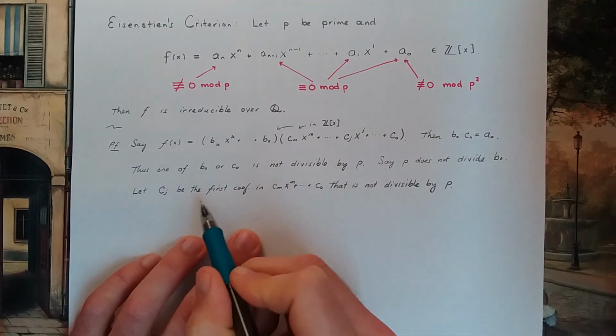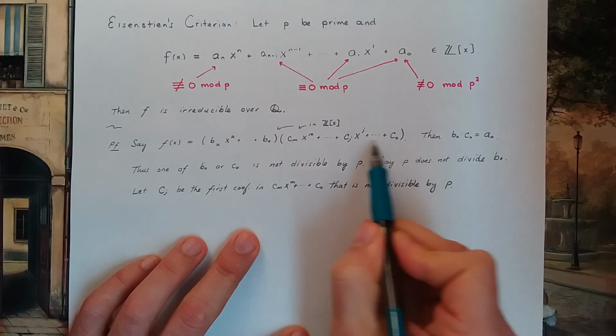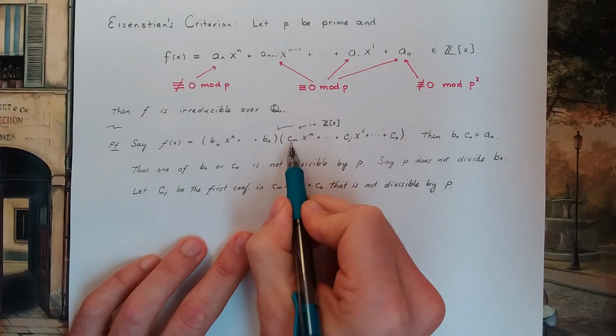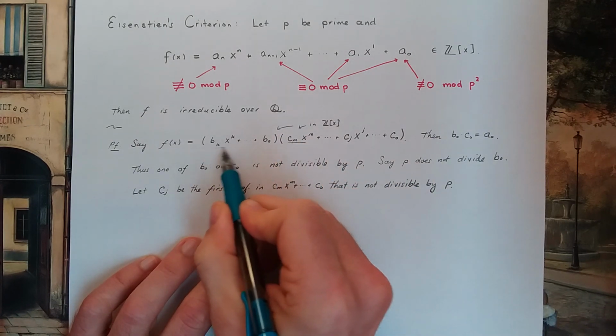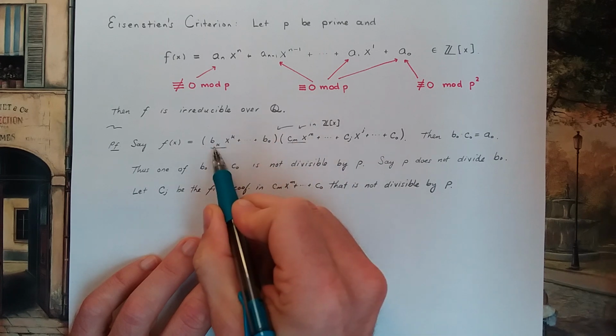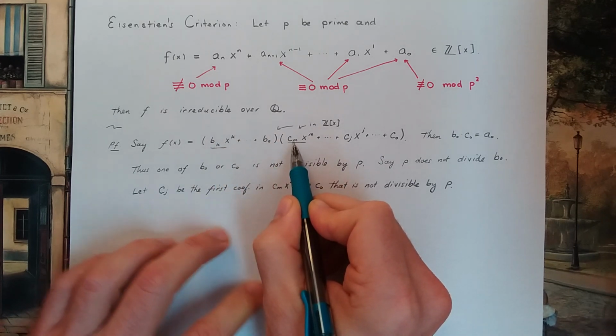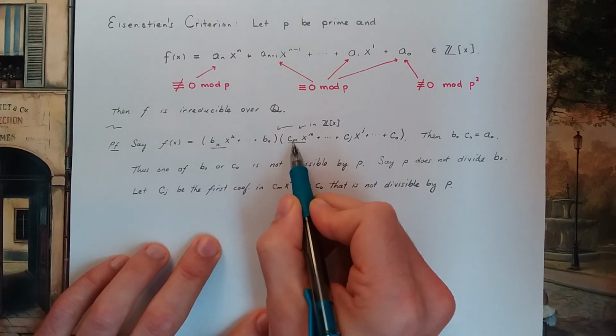I know that one of these coefficients is not divisible by p because if I multiply the two leading terms together, I get b_k times c_m.